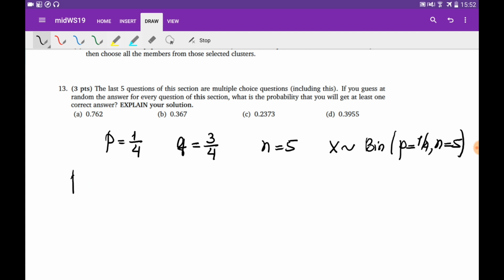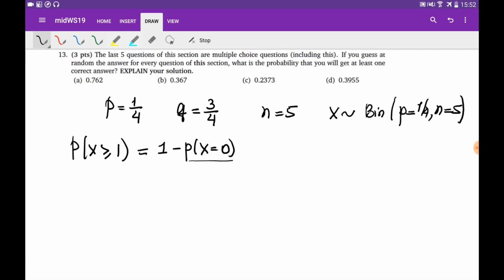So in order to find the probability that x is at least 1, which is more or equal to 1, you need to find the probabilities of x equal to 1, 2, 3, 4, and 5 and add them. Or what you can do is subtract the probability of x equal to 0 from 1, since if you put this term to the left, it is going to be the sum of probabilities for all possible values of the random variable x.